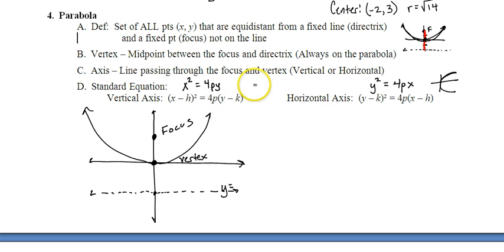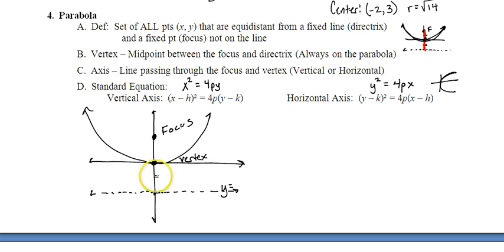One big thing to calculate when you have a parabola is to figure out what this p-value is. The p-value is always the number if you go from your vertex to your focus, but it has to be in that direction. It can't be focus to vertex. It has to be vertex to focus. So if you're going up, that p-value would be positive.